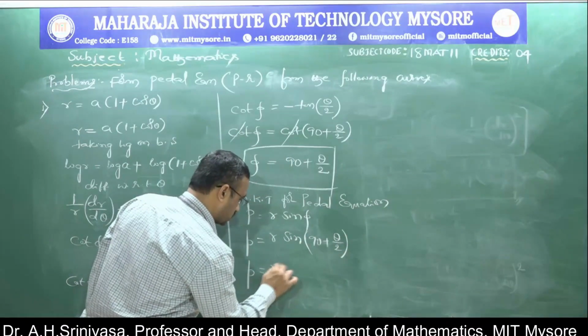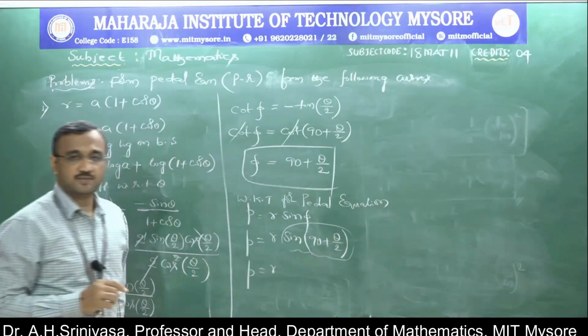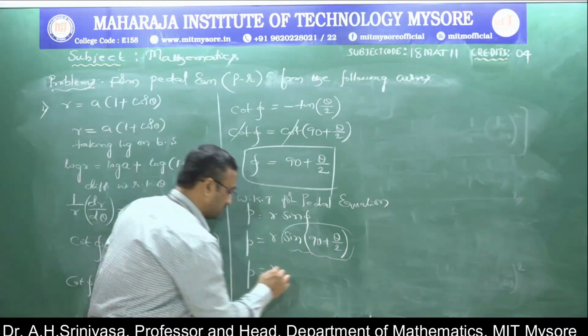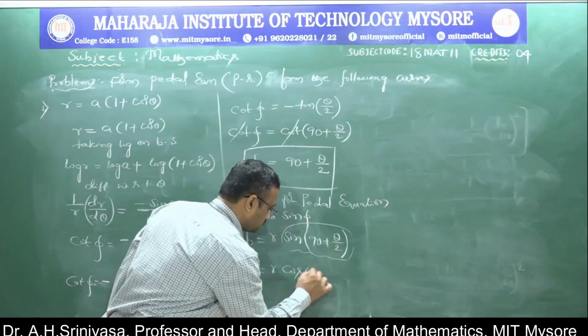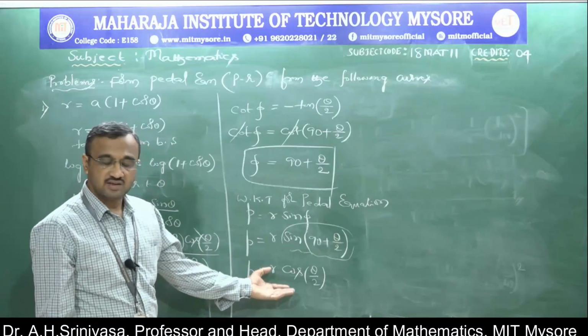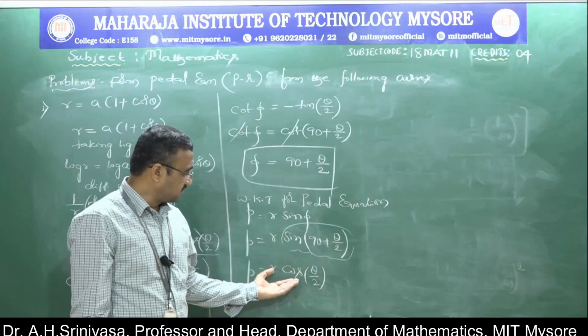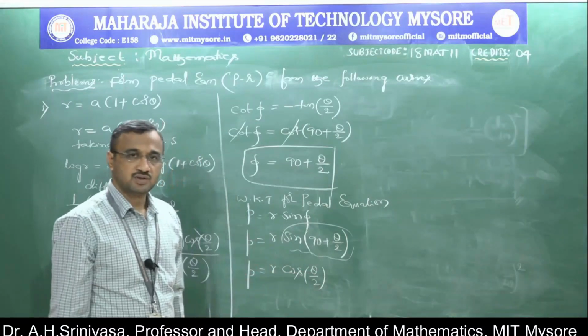Now we get p equal to r into, what is the value of this? Sin of 90 plus theta by 2 is cos theta by 2. Using the allied angles, in the second quadrant sin is positive, only the function will change, but sin cannot be changed. Then it becomes cos theta by 2.